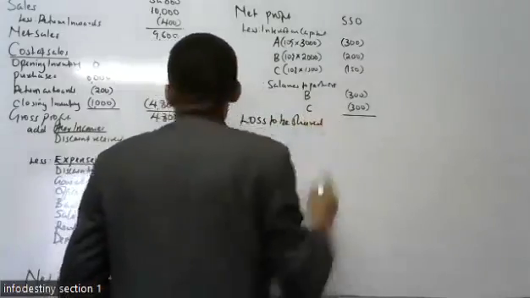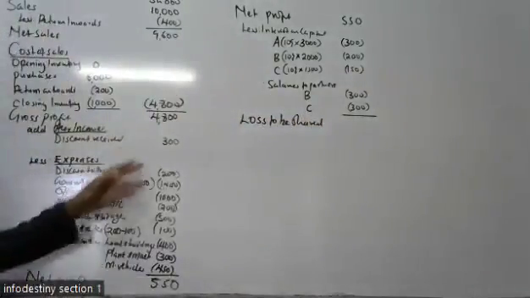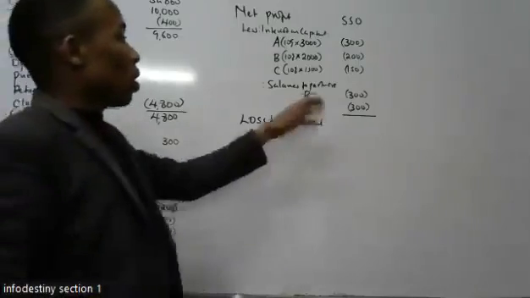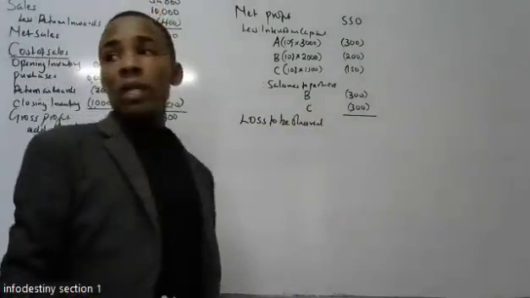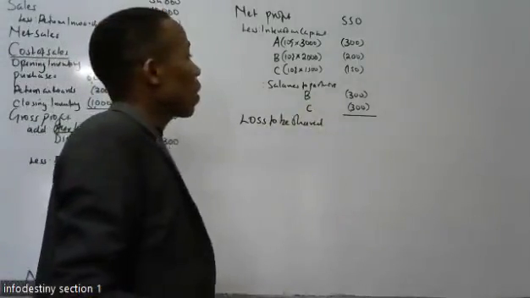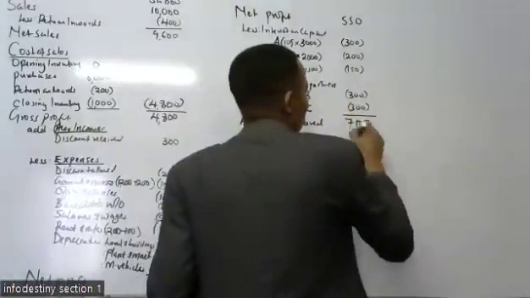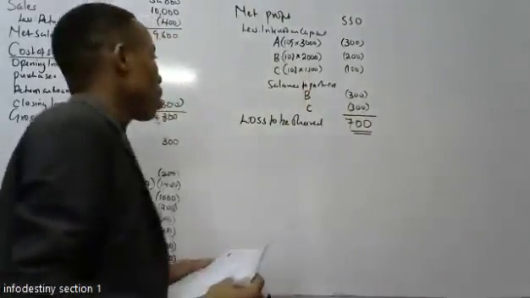I hope we have gotten the same net profit, all of us. All right. So we remain with a loss of how much? 700. That is loss to be shared.